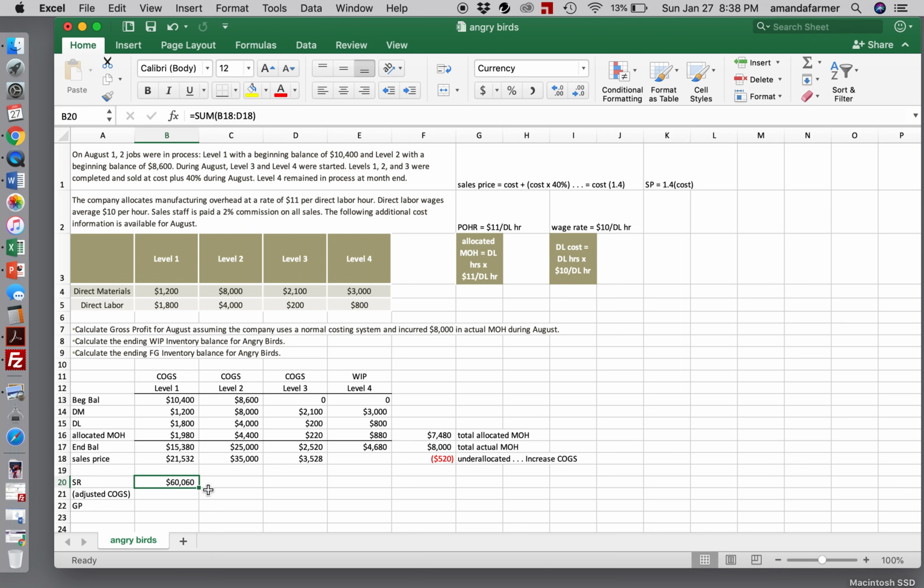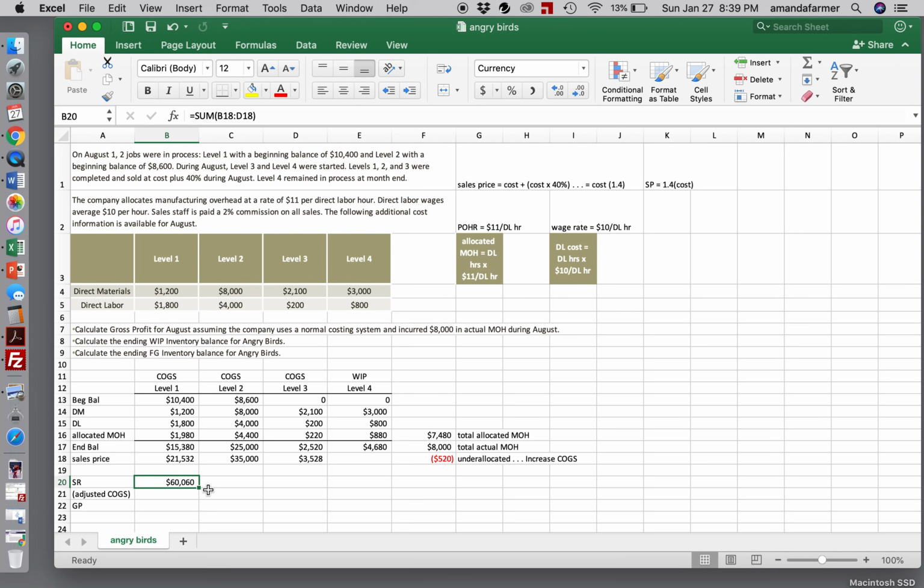But hopefully it's not enough to really, in the grand scheme of things, affect the profitability of the company. Now, if the reverse was true, if we had over-allocated, then the customer would be losing because their price would be higher than it really should be. And either way, you just have to think that the customer is going to figure it out if the price is too high. If the price is too low, then obviously the company is going to figure that out.